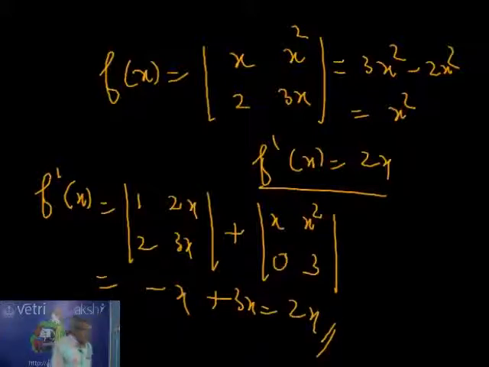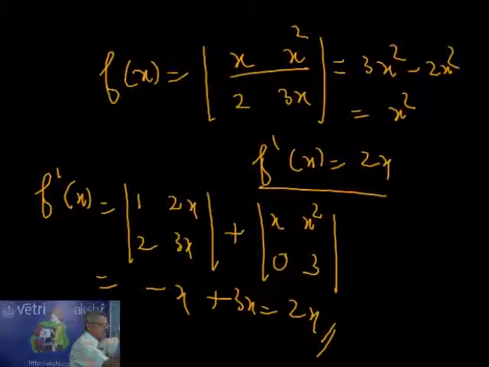Therefore, what's the rule? The rule is to differentiate a 2 by 2 determinant, you get 2 determinants. In the first determinant, differentiate only the elements in the first row. That is x square, x, 1, x square, 2x.